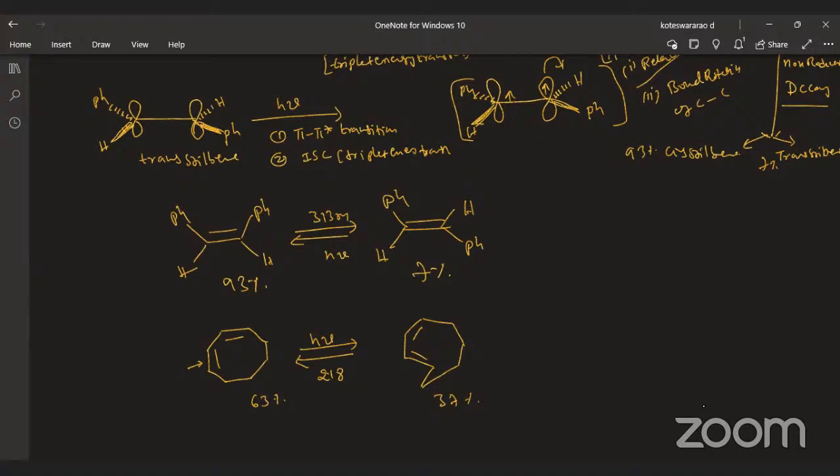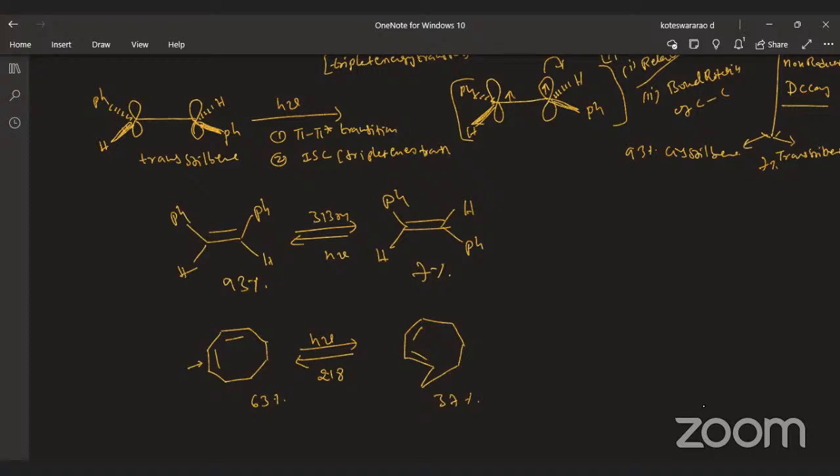Other reactions, we have several examples. In the several examples, you can read and understand. The formation of these products always depends on the energy of both the isomers which are involved in the reaction.